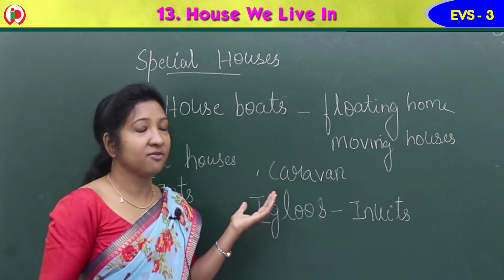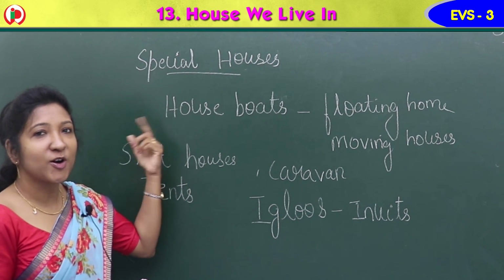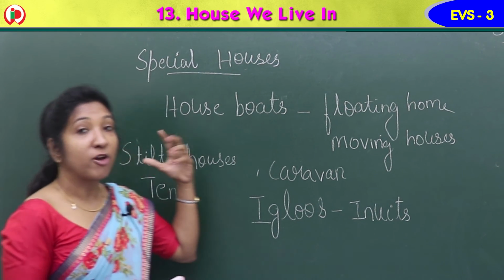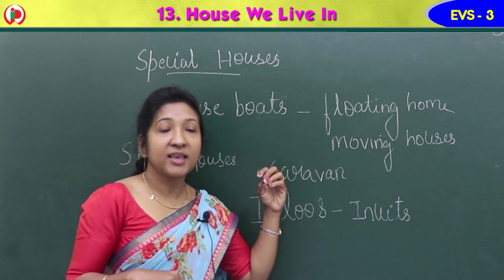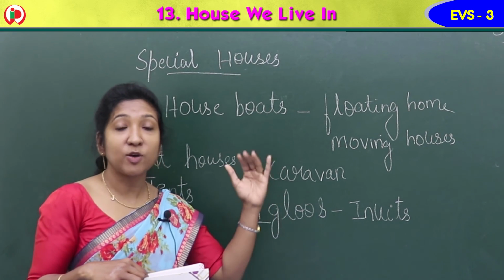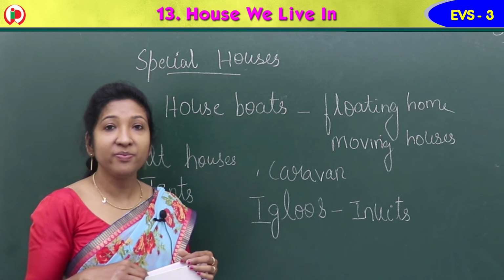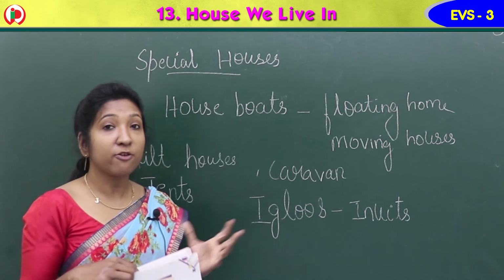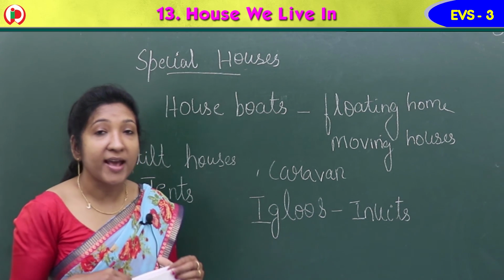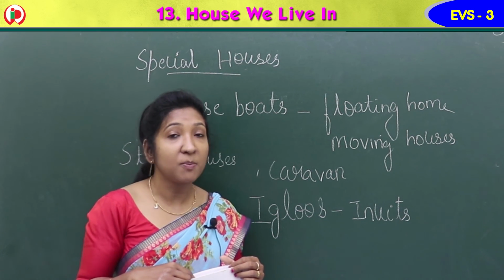Then the last special house we learned about is houseboats. A floating home, or we can say moving houses on lakes. These houses we can find in lakes and rivers. Houseboats. They are a great tourist attraction. We can find these houseboats in which places?